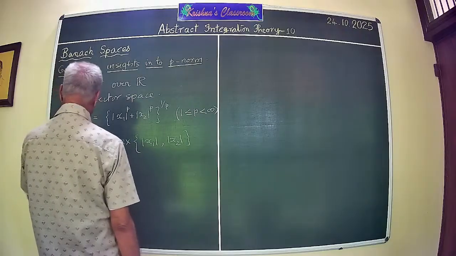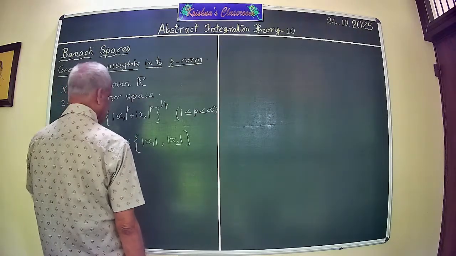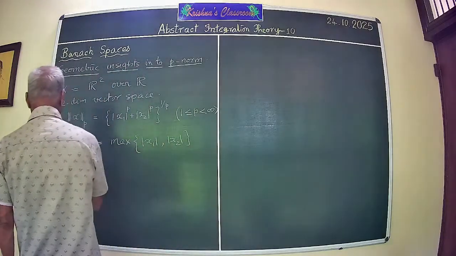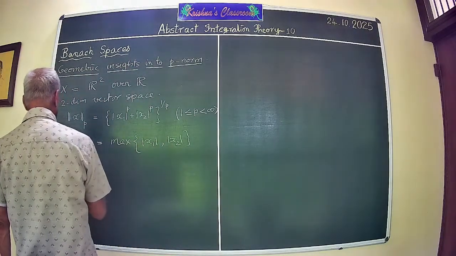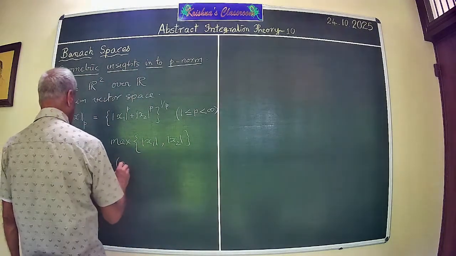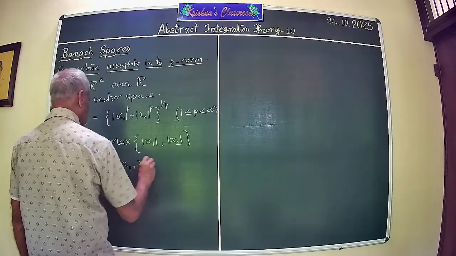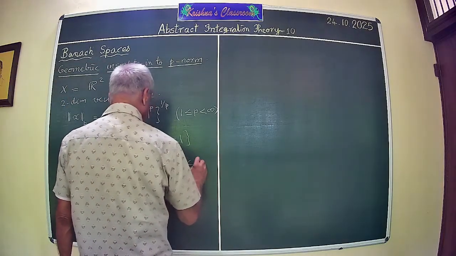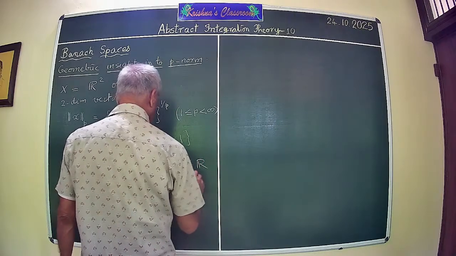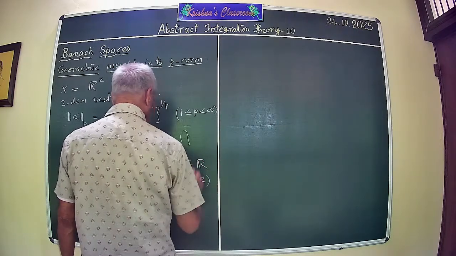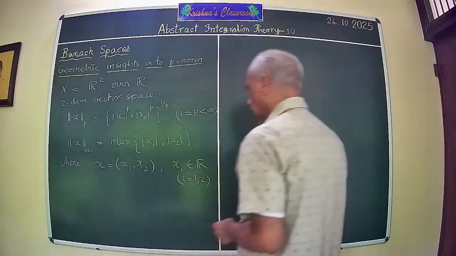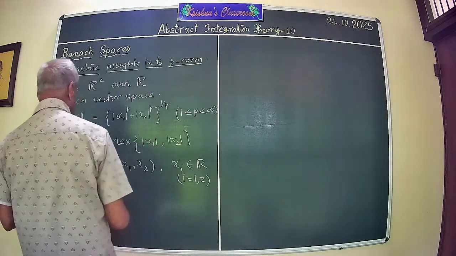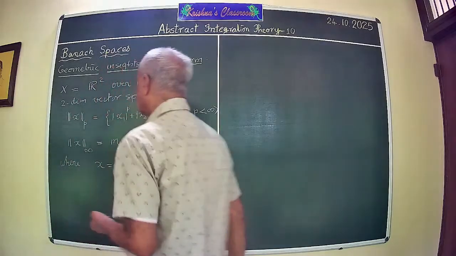This we designate by norm x infinity, where x is equal to the ordered pair x1, x2. So this is a typical element of R2.